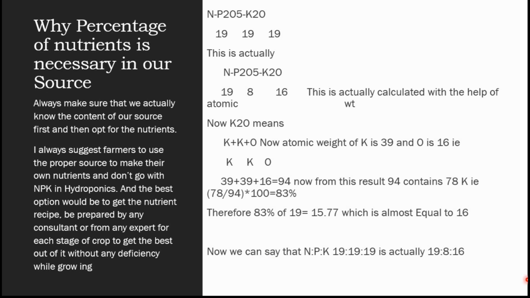But when you actually take the nutrient recipe from any expert, ask them to give the information about the positive and negative ions of the nutrients comparison that they have actually used in their blend to make a recipe for their plants in hydroponic system.